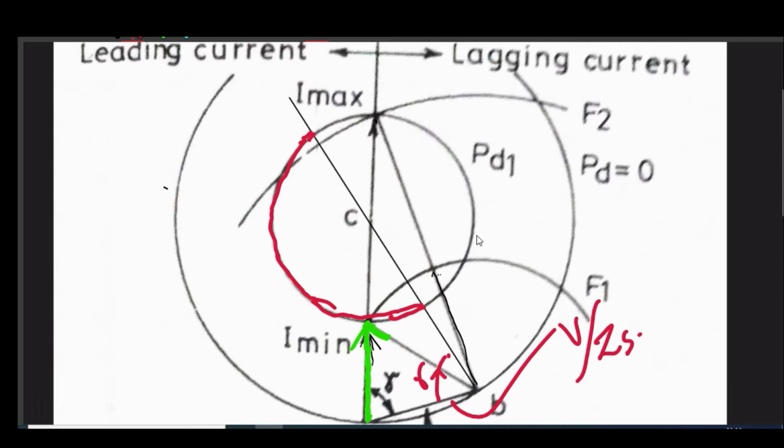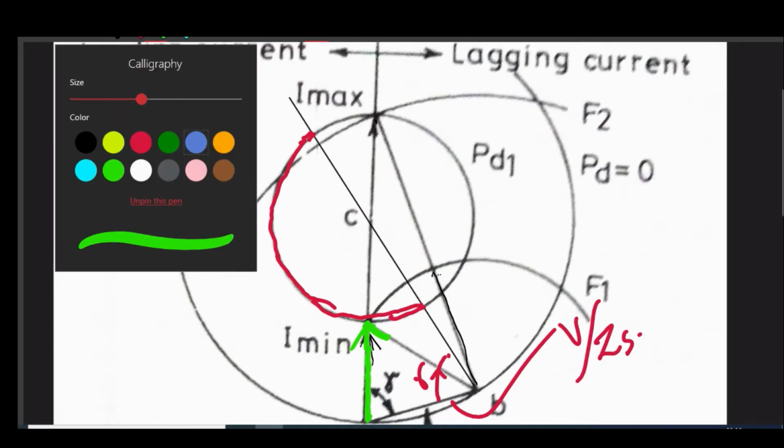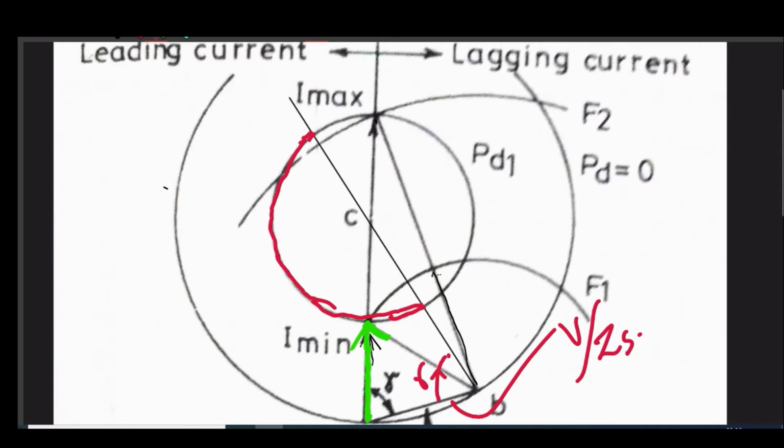If this is leading and lagging, one more observation we can make, and that is quite important. The maximum lagging power that you can have as per my diagram, if we consider this line as our stability line, this is our stability line.